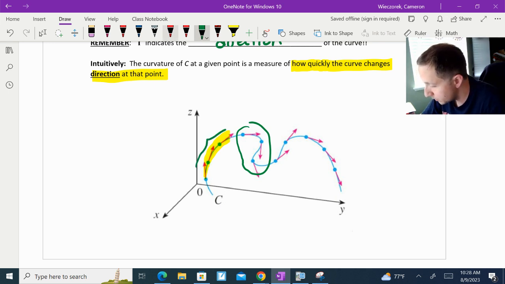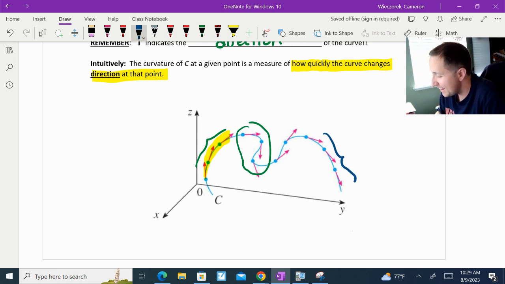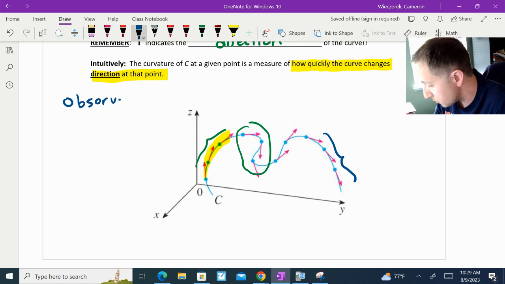And then again, as we get over to this area on the right, where I'm outlining in blue, those tangent vectors don't look like they're changing direction as much. It looks more linear in that area, so the tangent vectors look like they're generally moving in about the same direction. So here are some observations worth noting.